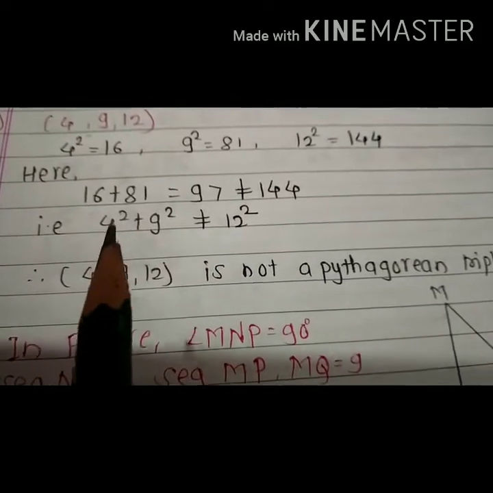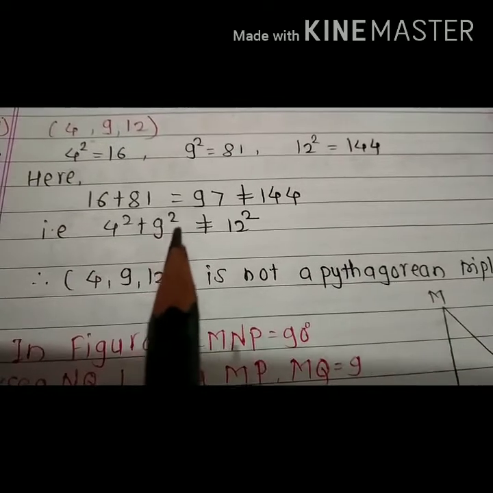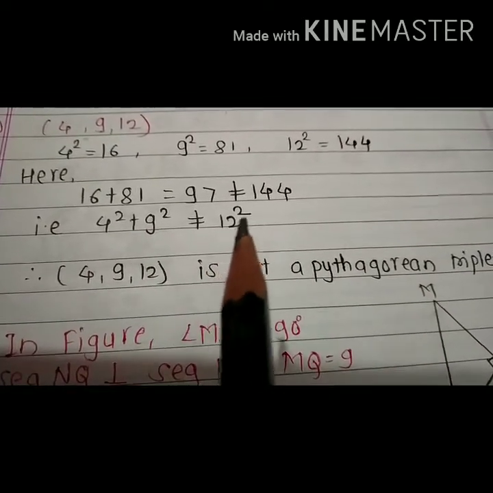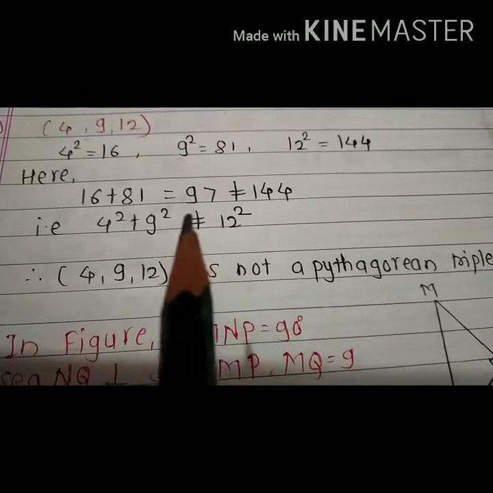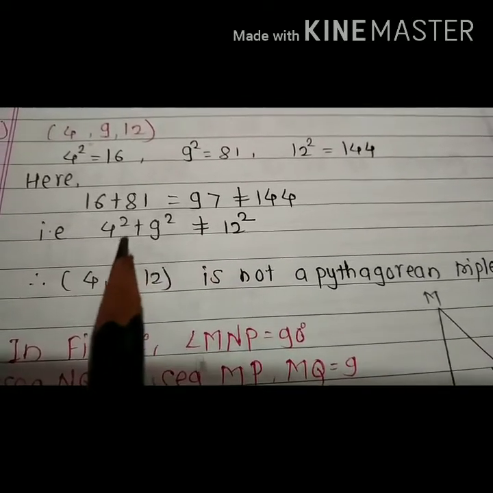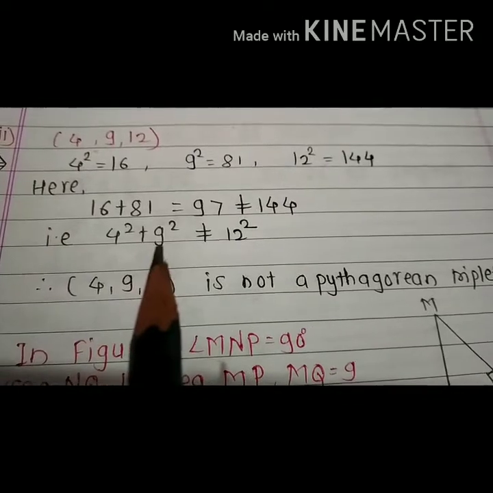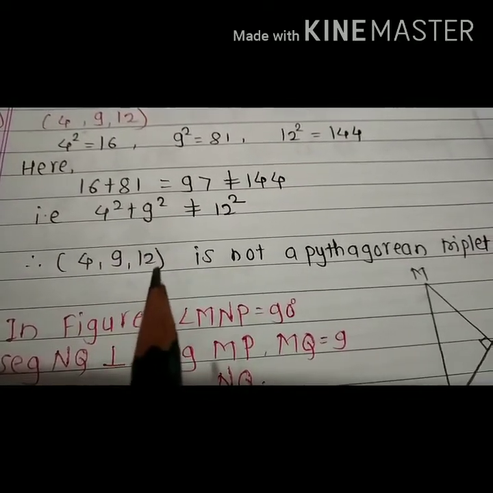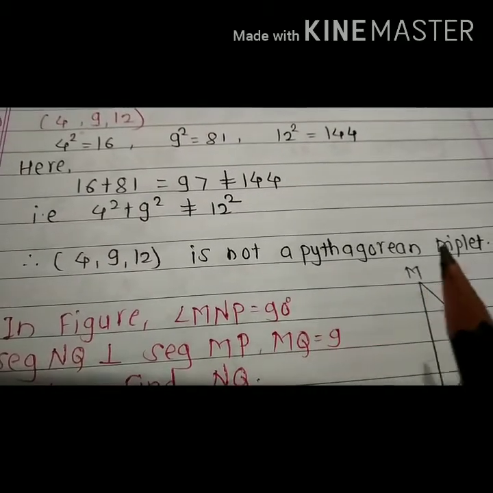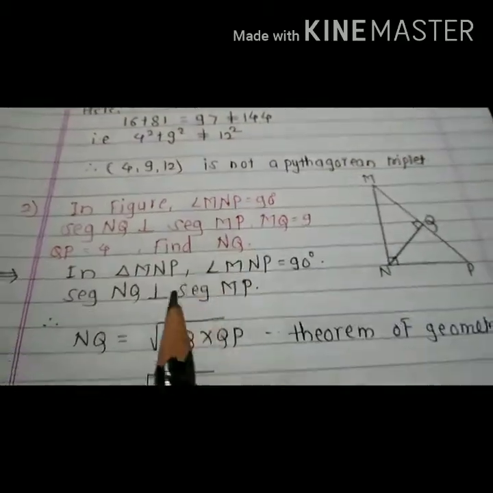That is 4 square plus 9 square is not equal to 12 square. Means square of largest number is not equal to sum of squares of remaining two numbers. Therefore 4, 9, 12 is not a Pythagorean triplet.